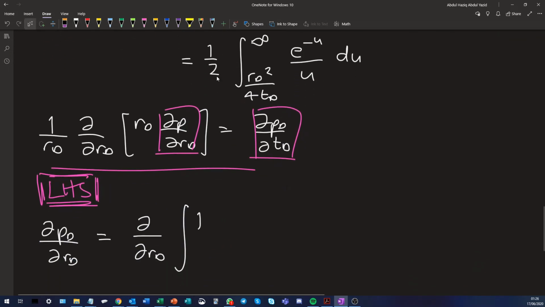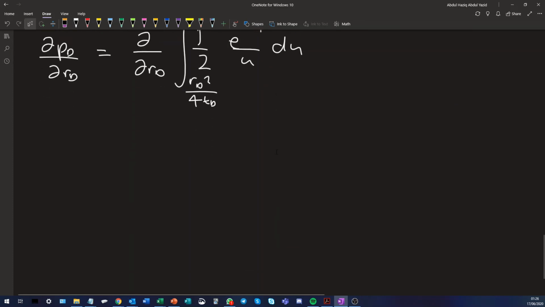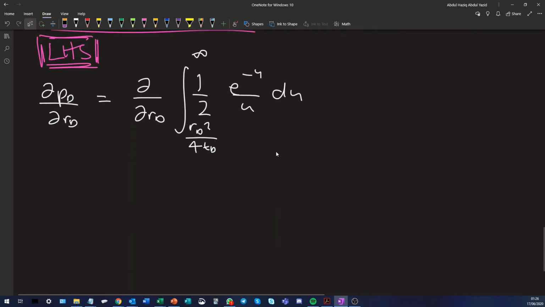I'm going to include the 1/2 in the integral for the moment. e to the power of negative u over u du. So we can rewrite it in this way, and by using the fundamental theorem of calculus, we can actually split this apart. So the 1/2 can just come out. Dou over dou rd stays over here. So let's open them up.